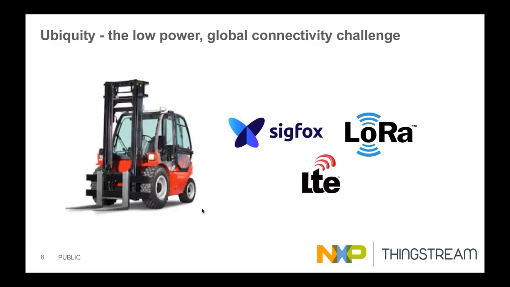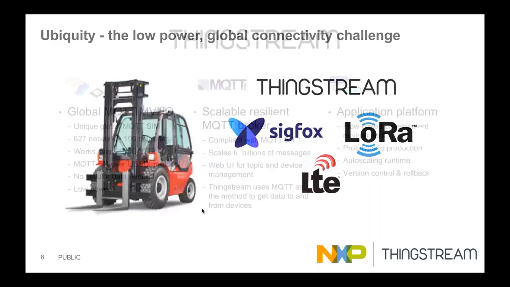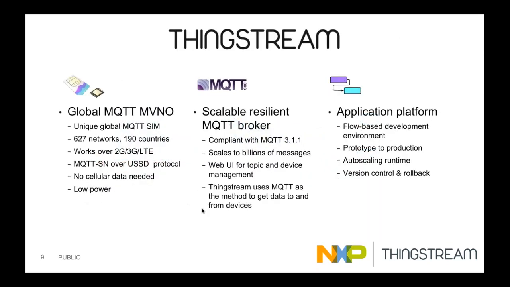So this is where ThingStream comes in. We very much have a unique proposition that we'll come on to explain more, and Bruce will go into more detail. But effectively, what we've done is we've looked at the DNA of an IoT solution, and we've actually built some technology, built some products ourselves to really understand the challenges in this market. And so the ThingStream proposition is comprised of 3 key components.